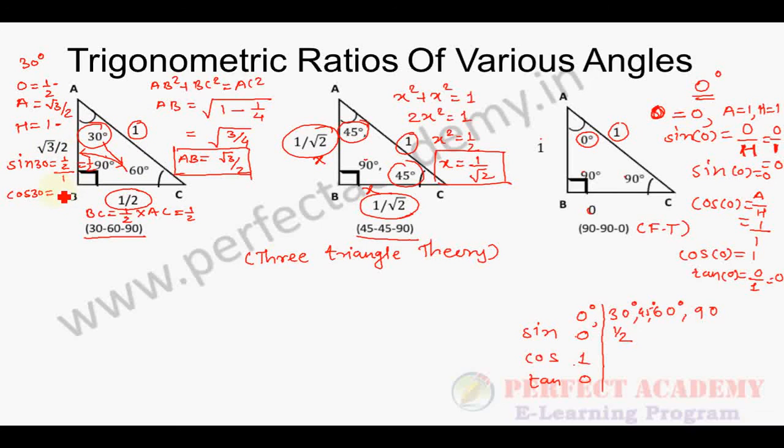So the adjacent is root 3 by 2 by hypotenuse, so cos 30 is root 3 by 2. Now if you know sine 30 and cos 30, it is very easy to find out tan 30, because tan 30 is sine 30, that is 1 by 2, divided by cos 30, that is root 3 by 2. This 2 and 2 will get cancelled, I will have 1 by root 3. So tan 30 is 1 by root 3. Similarly, you can go on and calculate 45, 60 and 90 degree ratios also.